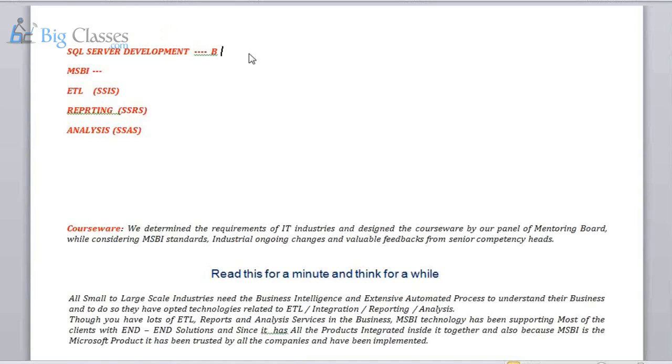So we are starting from the basic module, and then we would also see advanced level queries in SQL Server. What do I mean by advanced?